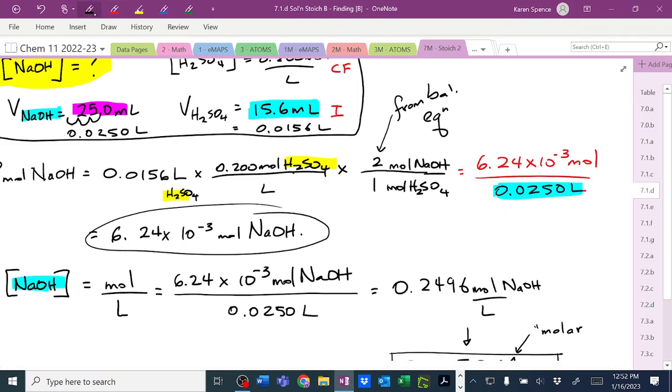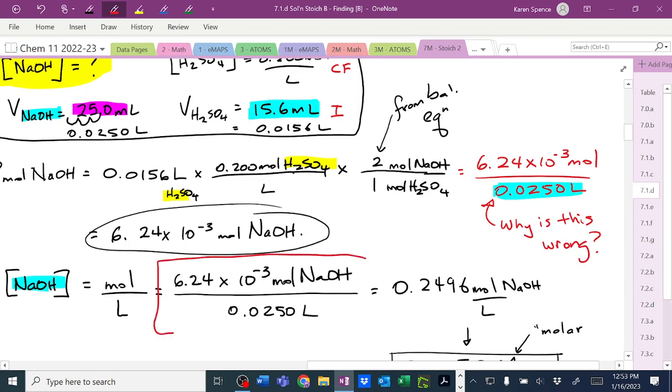Why is this wrong? It looks like what I did here. Why is it wrong to do it here?